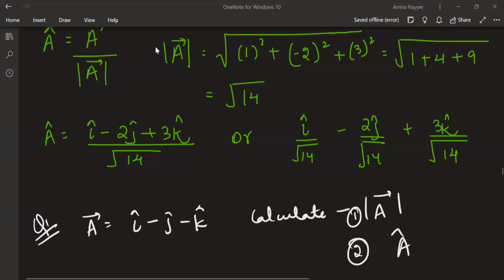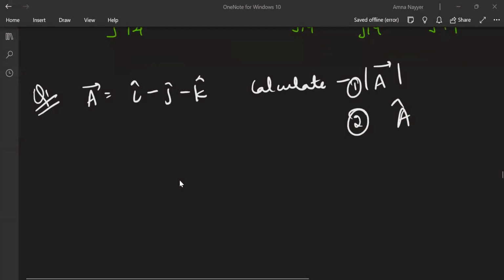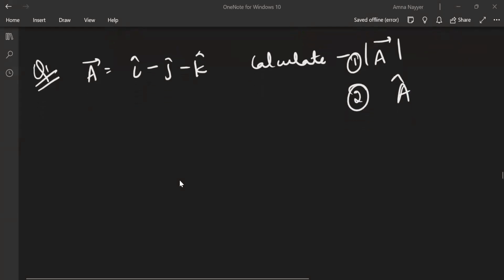You have to take the entire coefficient, that is minus. Okay. Done, ma'am.